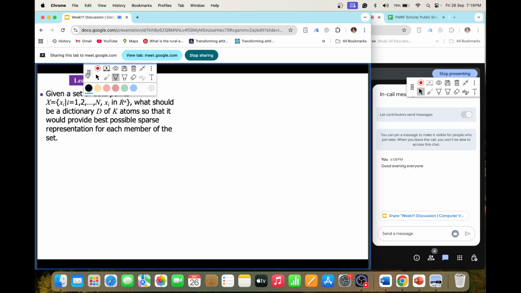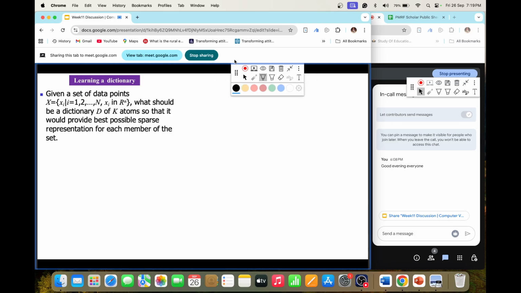Now let's move on to the next topic, that is learning a dictionary. Learning a dictionary: given a set of data points xi in Rn, that is, you will have this n-dimensional data, what should be a dictionary D of k atoms so that it would provide the best possible sparse representation for each member of the set?